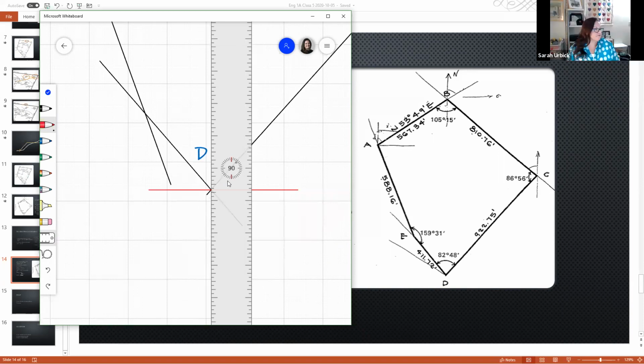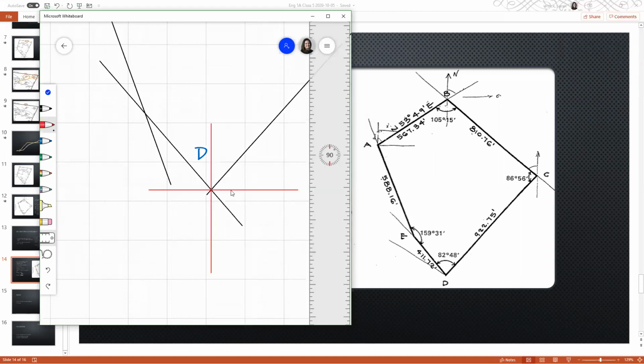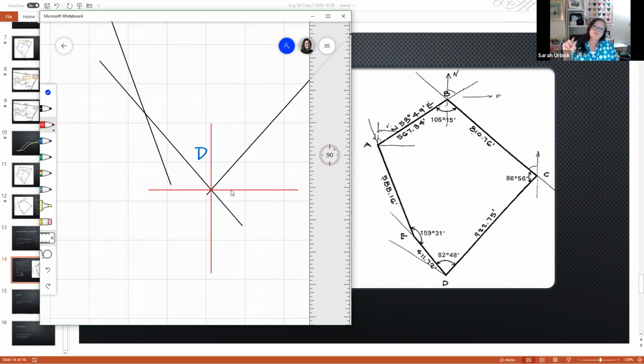You guys have no idea how badly I want to zoom in and make sure I am exactly on the crosshairs, exactly on that point right there. But I'm not going to. I'm getting better. I believe you. All right. Oh my goodness. There's a certain amount of OCD that comes with engineering.